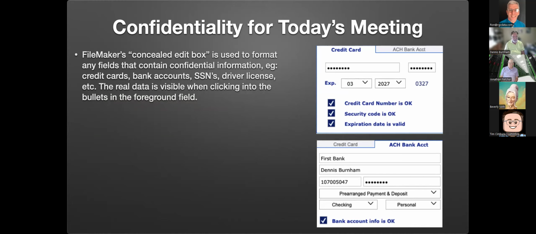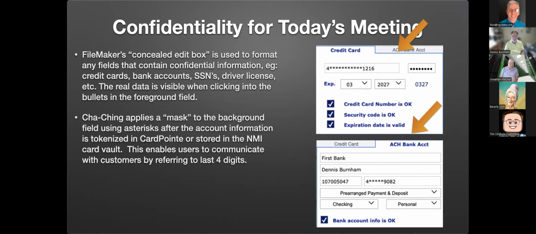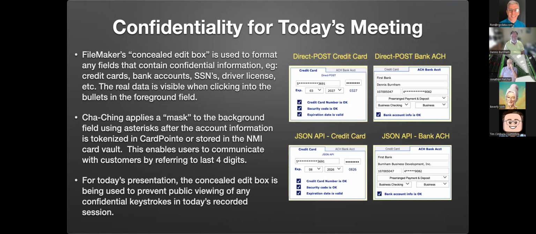We do the same thing when they fill out the application for merchant for their driver's license or their social security number by using the concealed edit box. It's locked in browse mode, but when you put your cursor into that, you can see what's actually under it. And after the card or bank account is tokenized, then you see it with the asterisk. So again, you can communicate with somebody about it.